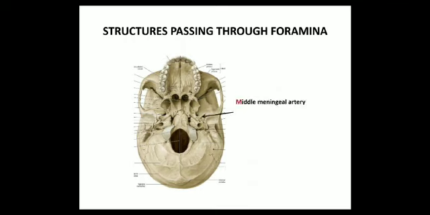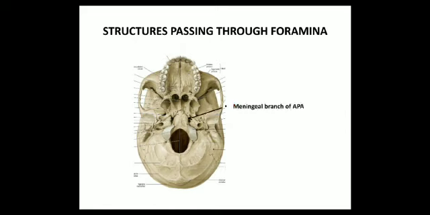Through the foramen spinosum, the structures passing through are the middle meningeal artery, the meningeal branch of mandibular nerve, also known as nervus spinosus, and the posterior trunk of the middle meningeal vein: 3 M's through the foramen spinosum.